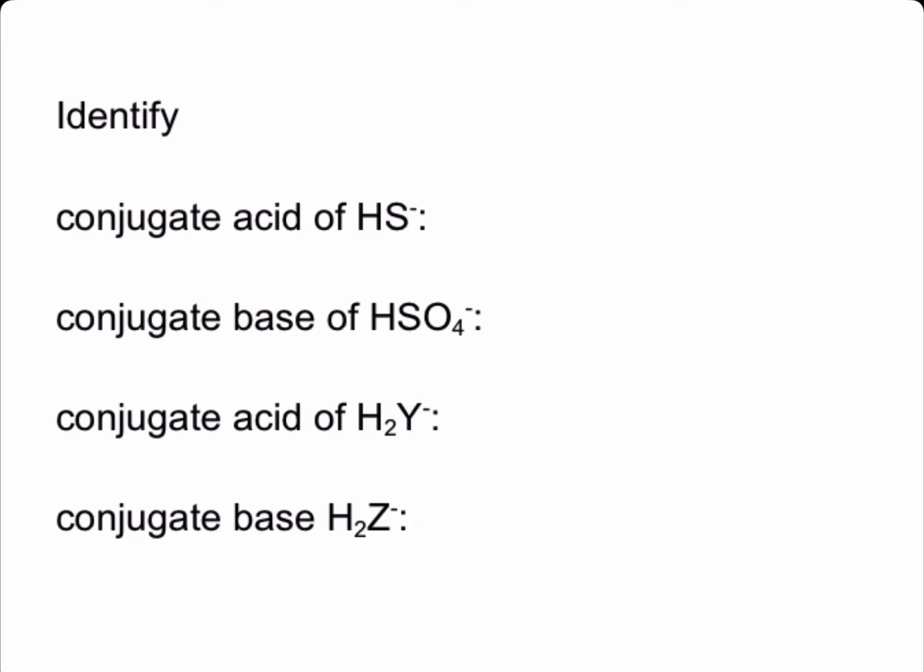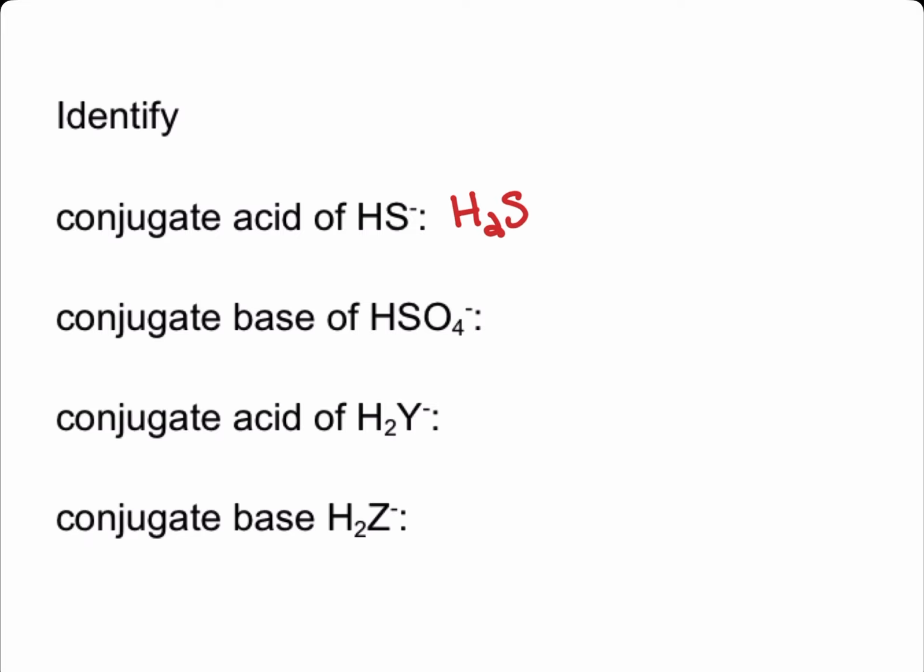Identify the conjugate acid of HS-. So they want you to imagine that HS- is a base, and bases accept a proton. So H+ and HS-. We're going to crisscross the charges, and we're going to get H2S.